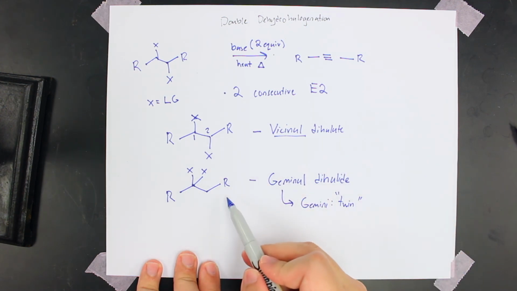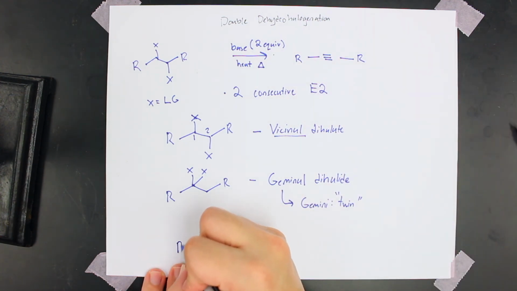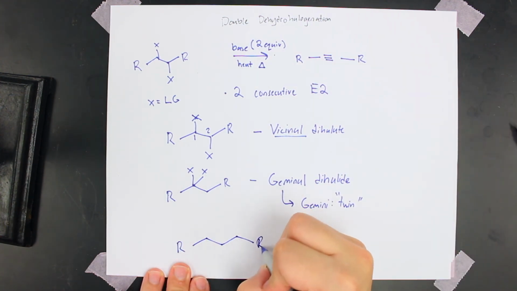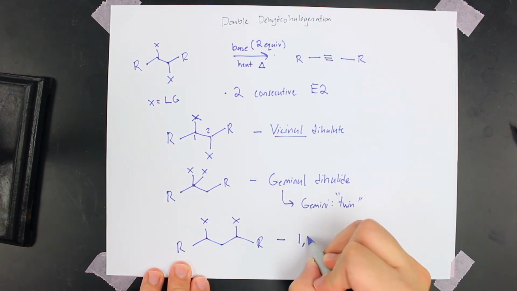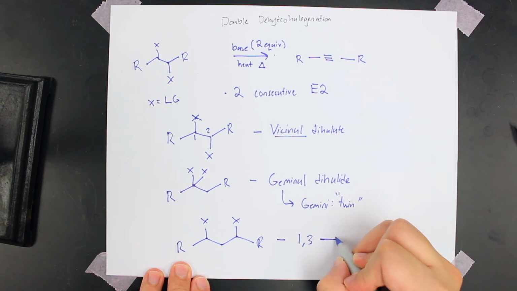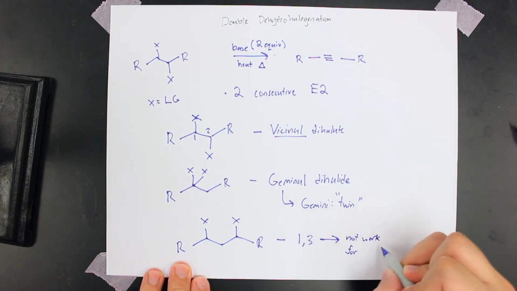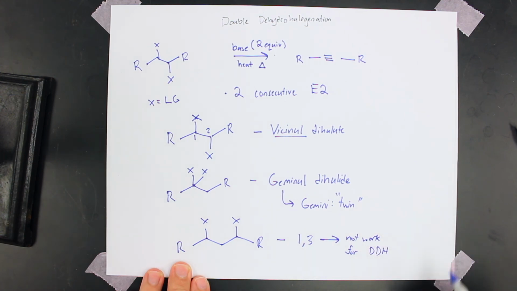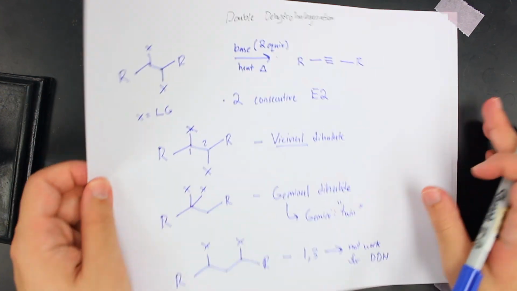Both of these scenarios will work for a double dehydrohalogenation experiment. What will not work is if you have this sort of relationship. If you have a 1-3 relationship, this will not work for double dehydrohalogenation, DDH.